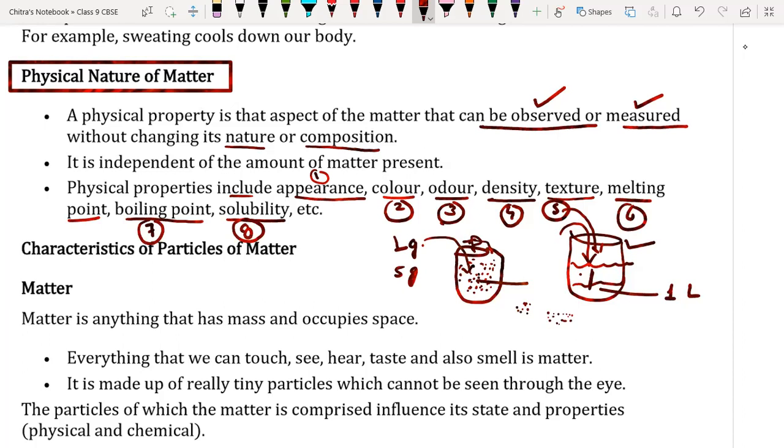Now we are going to understand the characteristics of the particles of matter. Very important. So what is matter? It is anything that has mass and occupies space. We already went through that before.